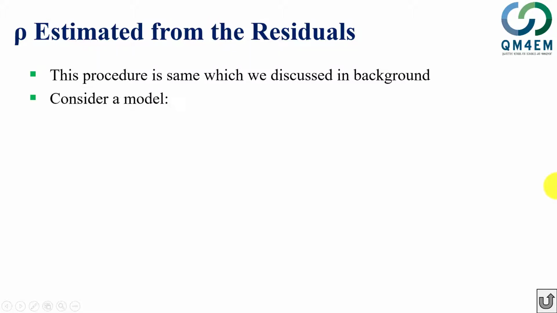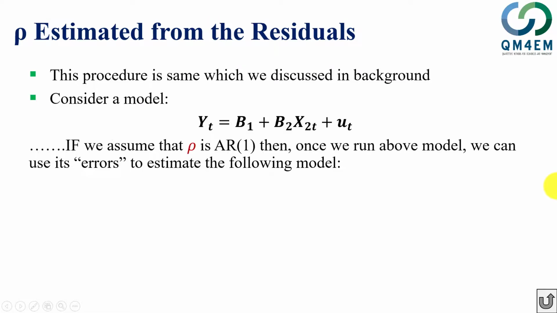So again, starting from the same model with one explanatory variable, the dependent yt regressed on x2t, if we assume that there is an AR(1) process, then we can run the above model and use the error term, regressing it on the lag value of the error term.